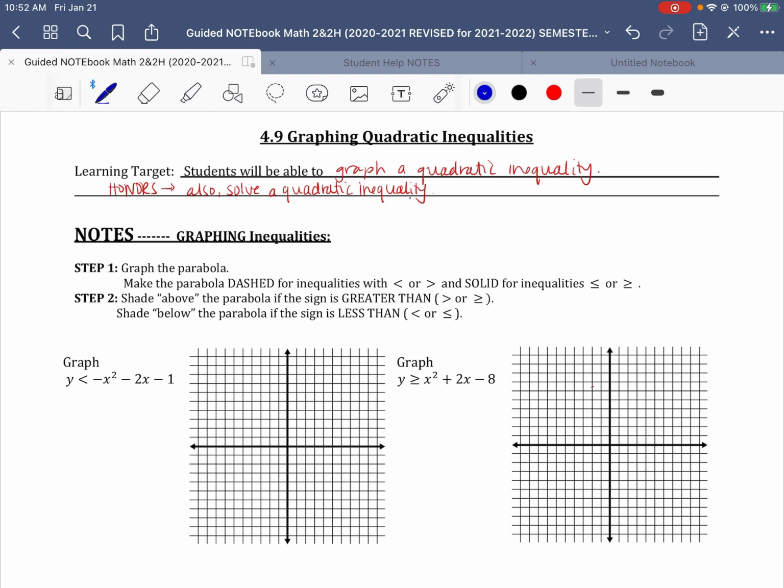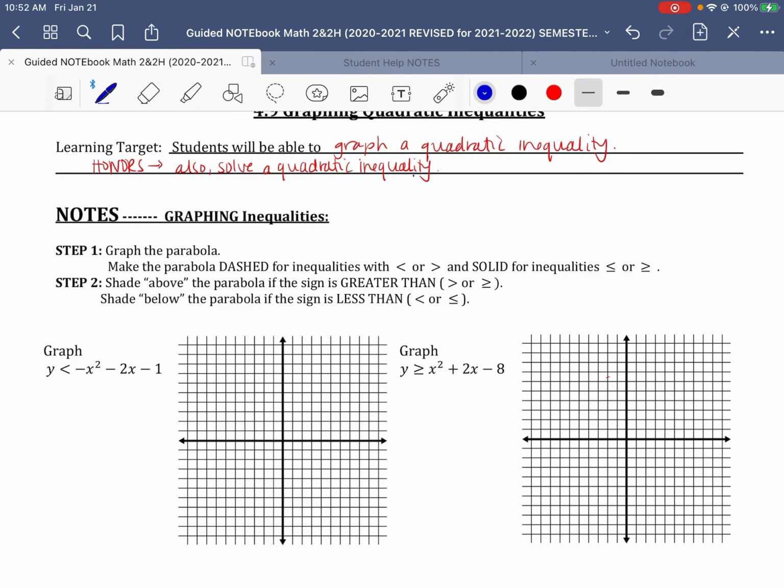Now remember, parabolas are going to either open up in the ones that we've practiced, or they're going to open down, right? I'm going to draw two right here, up, or they're going to open down. So if I'm looking at shading above the parabola because it's greater than, above the parabola in this case right here would mean inside, just because if I shade in here, I'm always above that parabola.